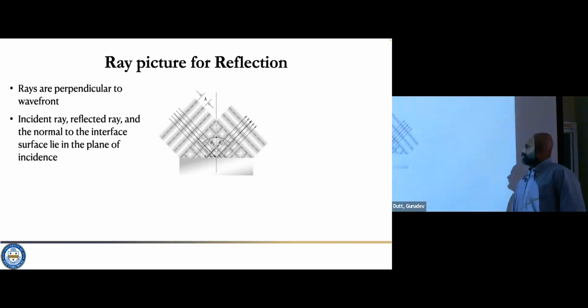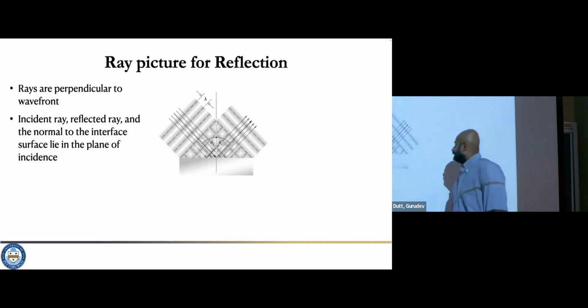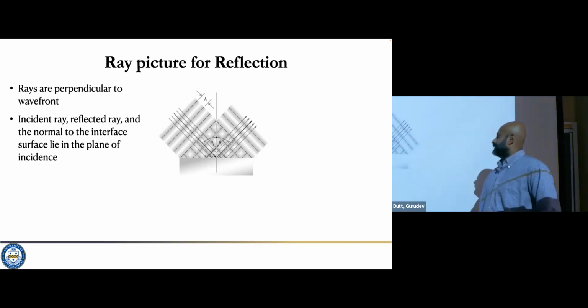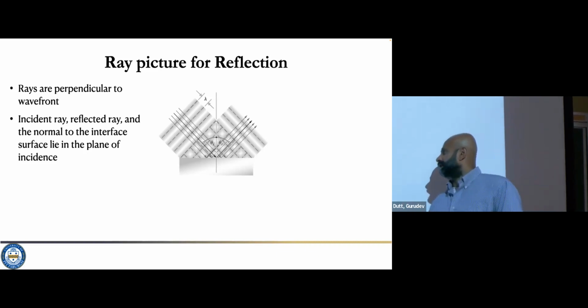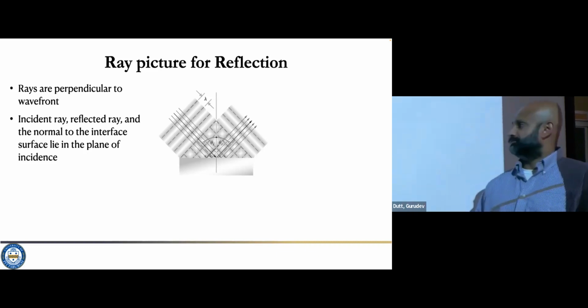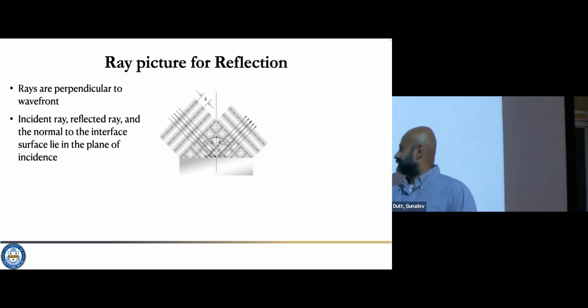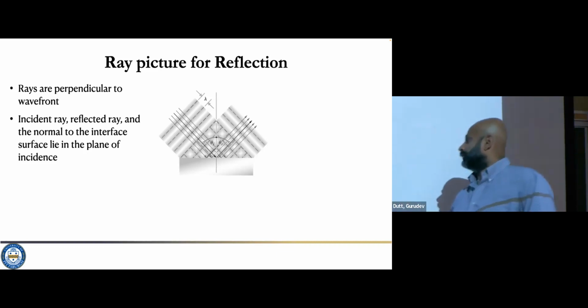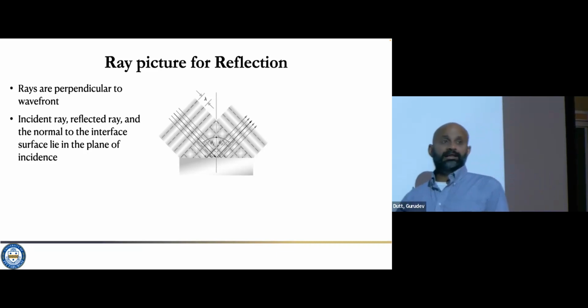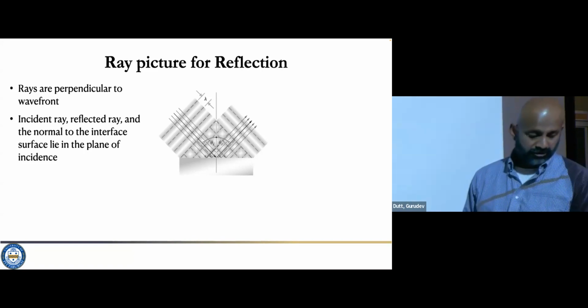Okay. So we can also state another law of reflection, which can be proven more generally, but it's fairly obvious from this geometrical argument, that the incident ray, the reflected ray, and the normal to the interface surface, that is this normal that I've drawn here, all have to lie in a plane, and that plane is called the plane of incidence.